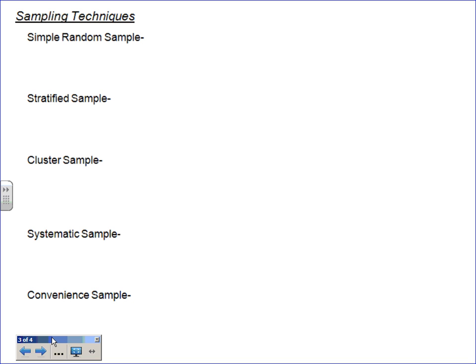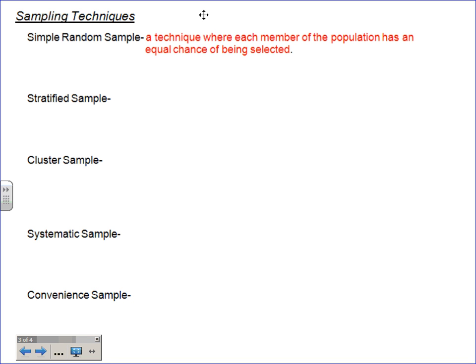Well, so it's a technique where each member of the population has an equal chance of being selected. Doesn't matter if you live in Wild Rose or if you live in Seattle. If you're rich or you're poor. Okay? If you're Hispanic or Caucasian. Doesn't matter.